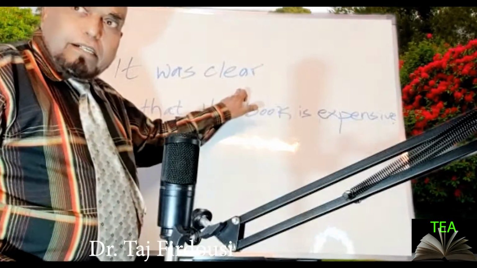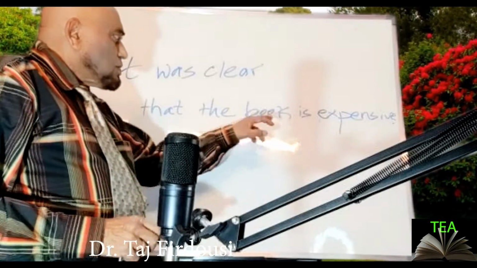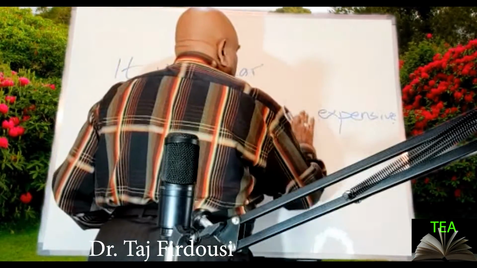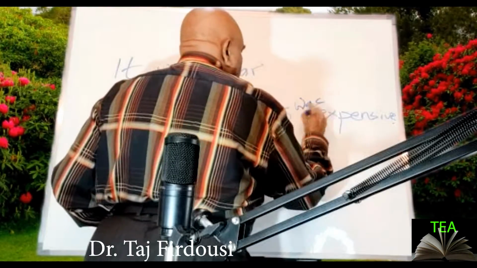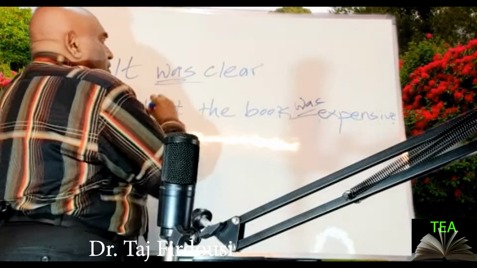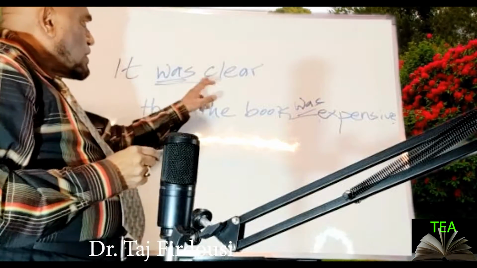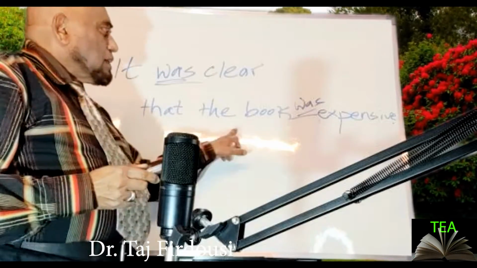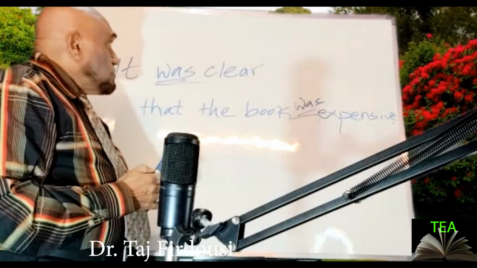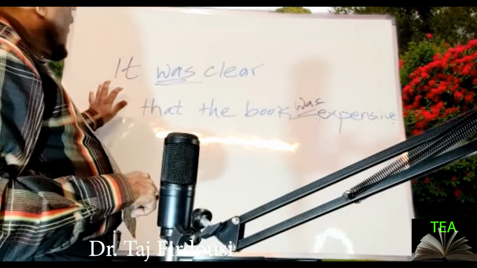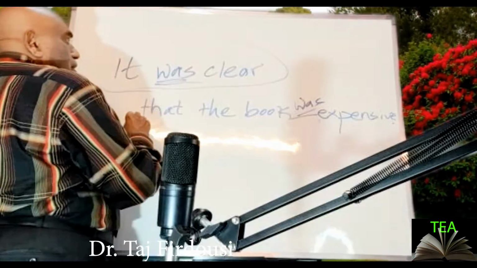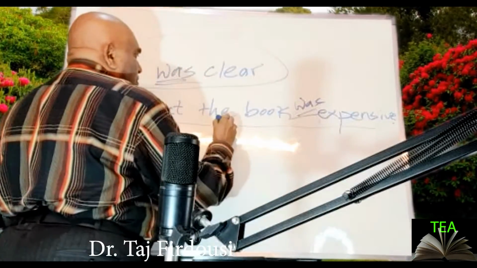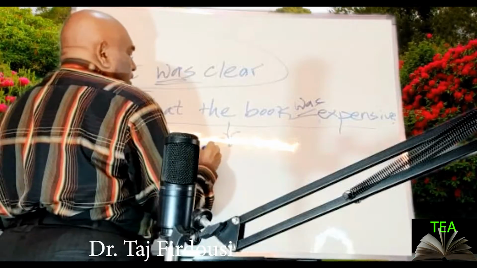It was clear that the book was expensive. There is one verb, there is another verb. It was clear is one, that the book was expensive is another. So there are two clauses. The main clause is it was clear, and that the book was expensive is the noun clause.